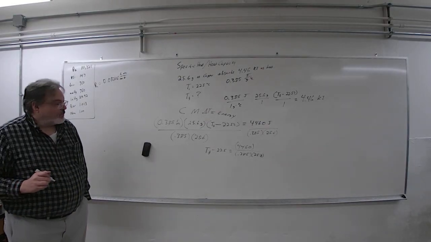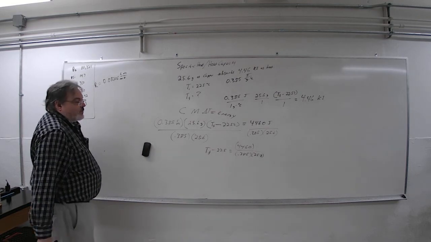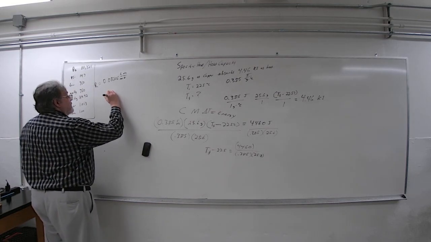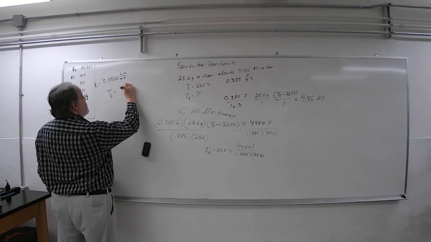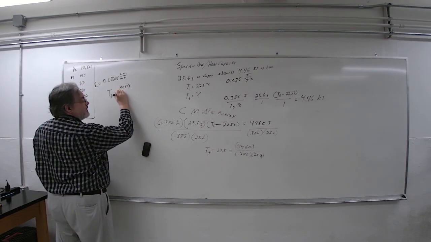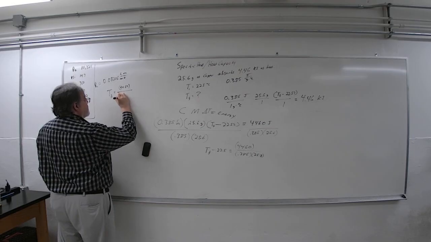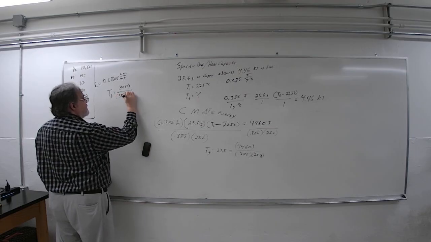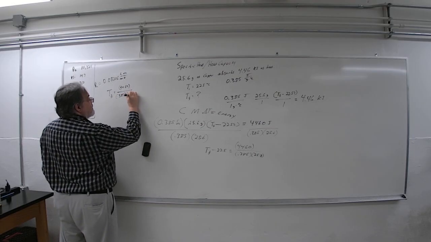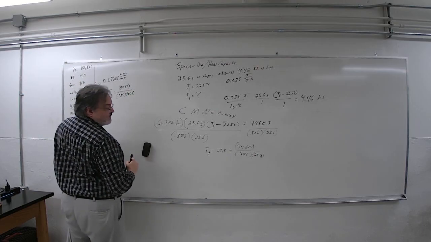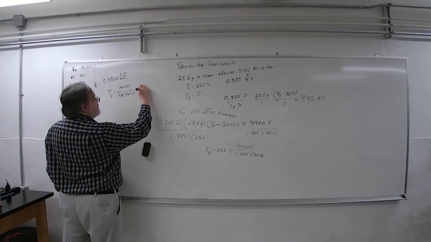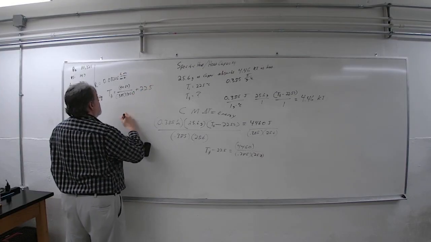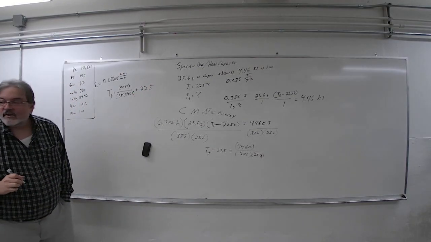All right. And one more thing I can do, I can add 22.5 to both sides. So temperature final equals 4460 divided by 0.385, divided by 25.6, plus 22.5, and that'll solve for temperature final.